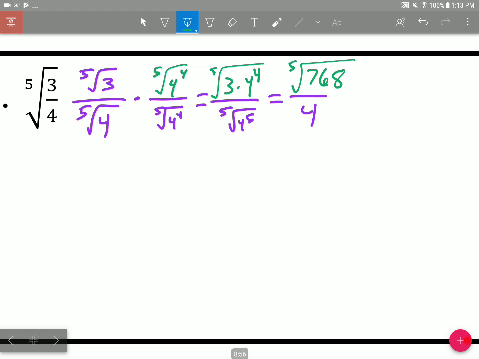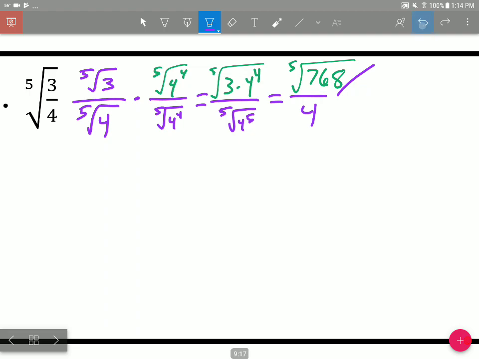Divide by what? Reduce it. Jonathan, how would you reduce it? Okay, what would I be dividing this thing by? 2. 2, 5. Something to the 5th power. 2 to the 5th.